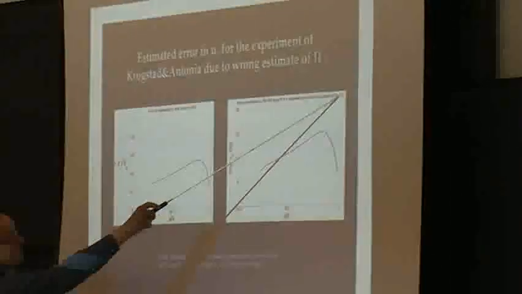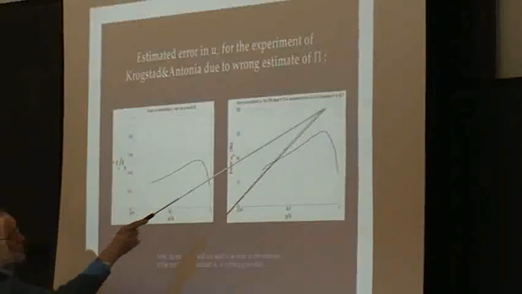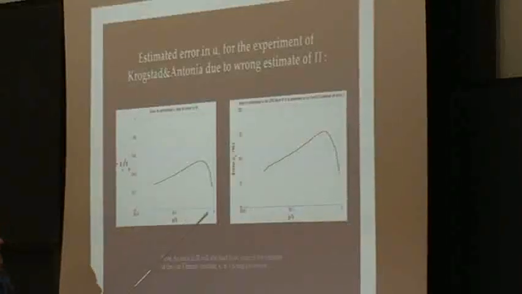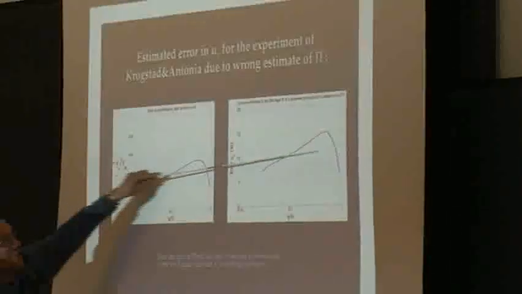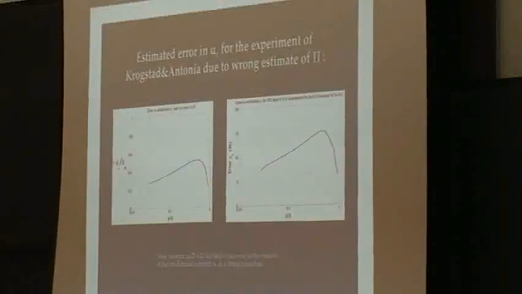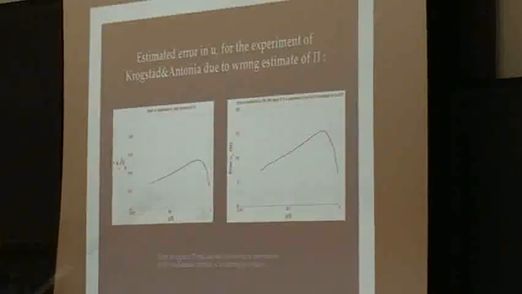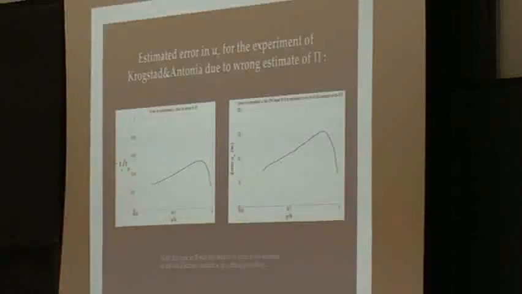So if I say that my estimated pi was 0.7, but it should have been 0.55, then I find that, since I use the average across here, my estimate of u tau is off by about 13%. 13% means almost 30% when you look at the skin friction.